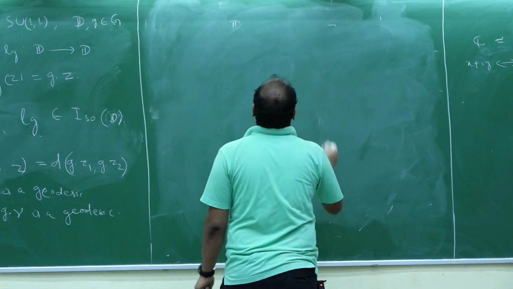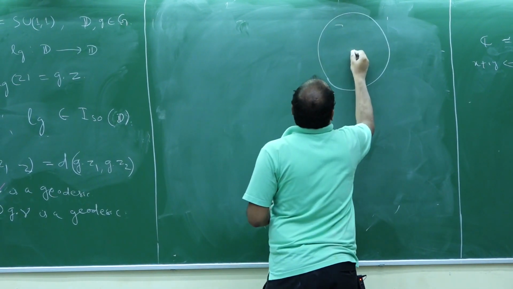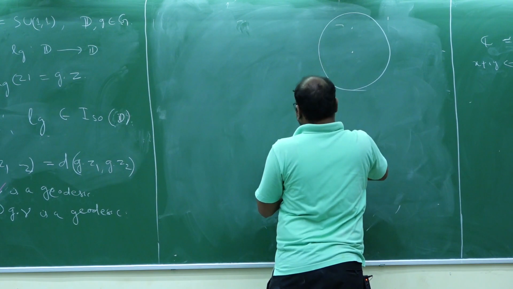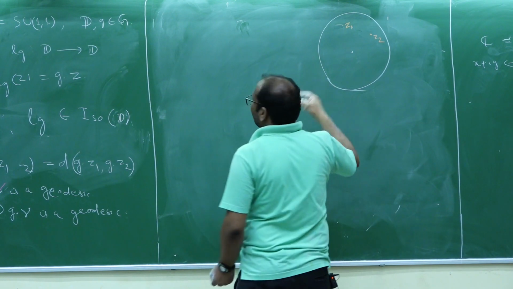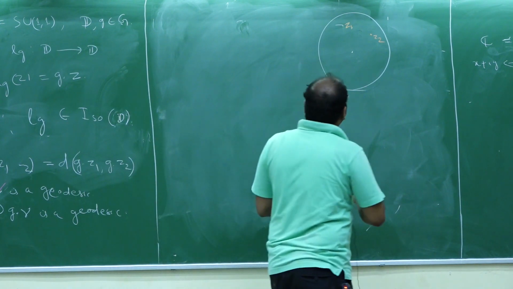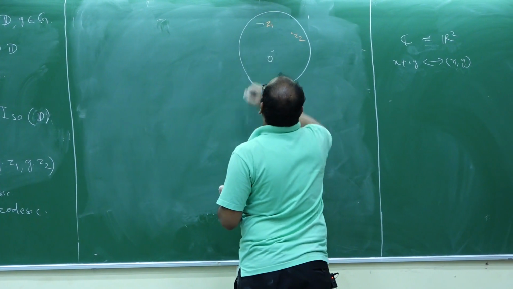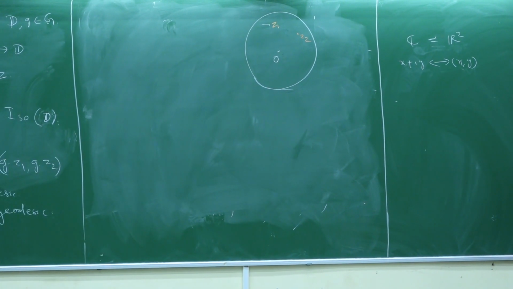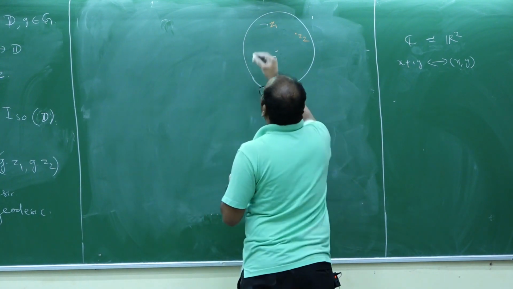You know that this is my Z1 and this is my Z2. I am applying some element G so that G dot Z1 is 0, and G dot Z2 is W.